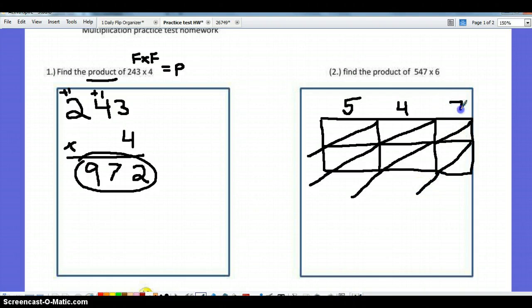And I add my number 7, and the number 6 goes on the outside. So in this case, 7 times 6 is 42. 6, 12, 18, 24. And 30.